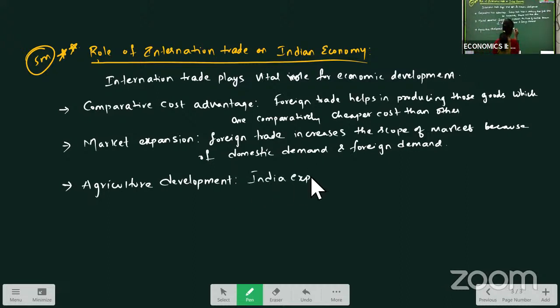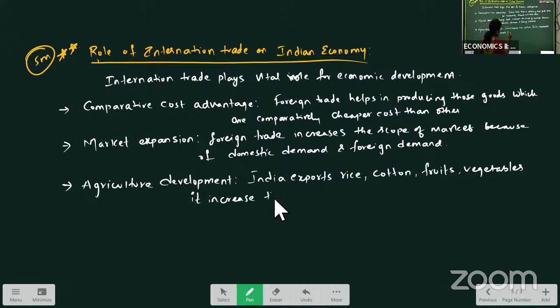India exports rice, cotton, fruits, vegetables to other countries. It increases the income levels of the farmer.